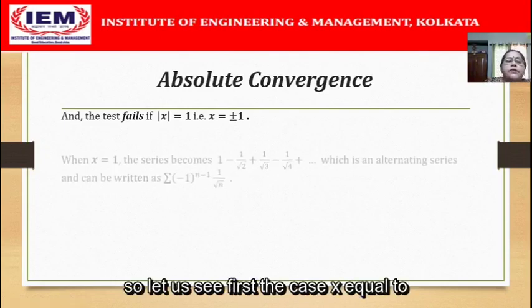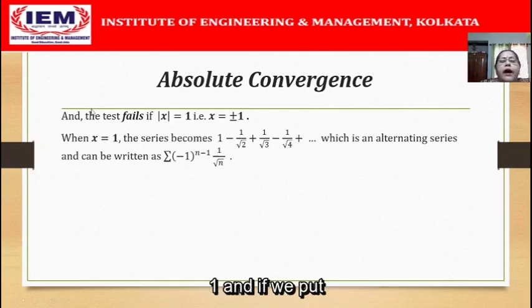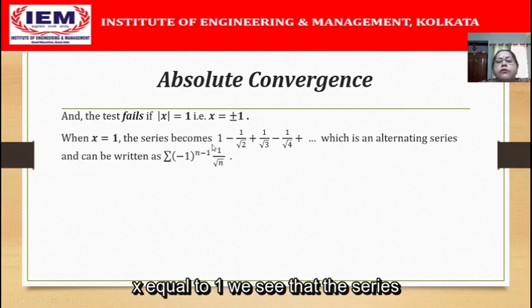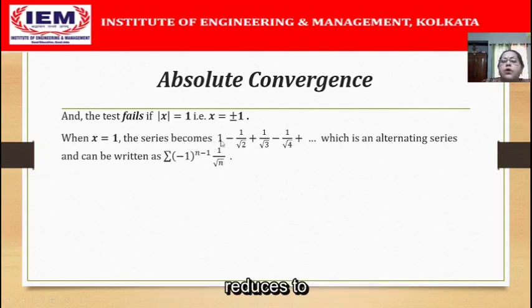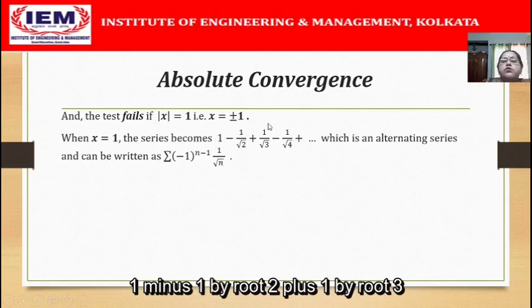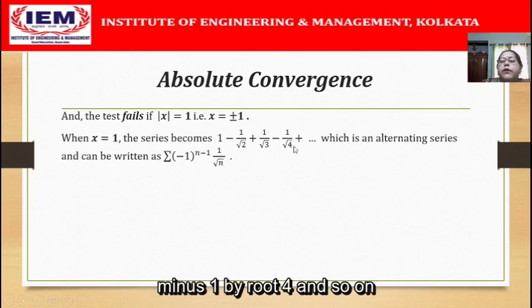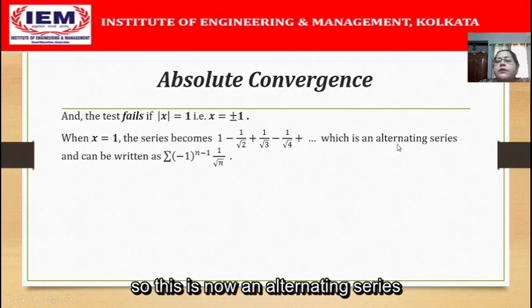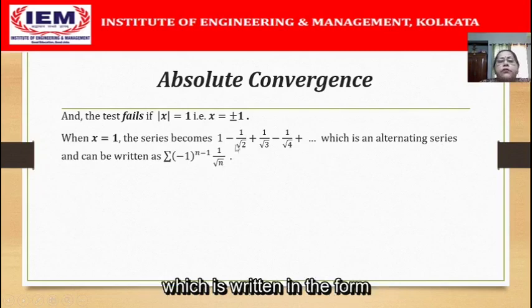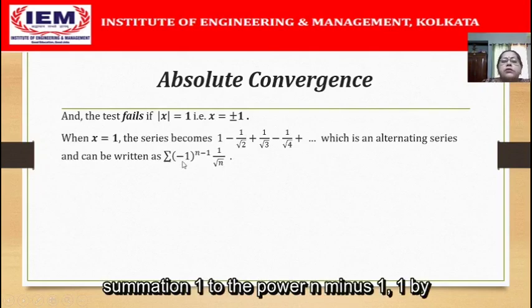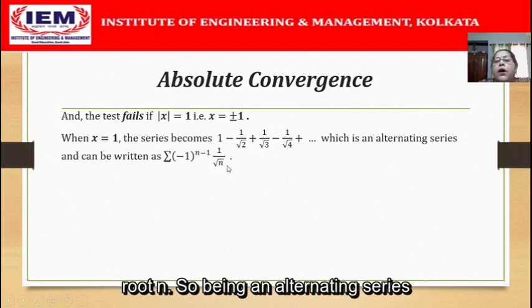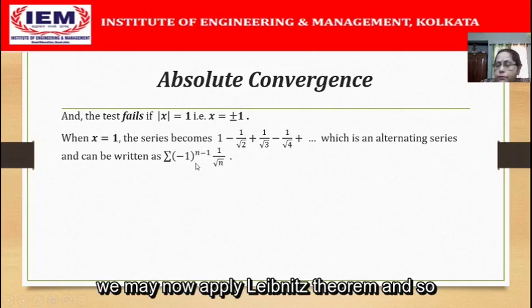So let us see first the case x equal to 1. If we put x equal to 1, we see that the series reduces to 1 minus 1 by root 2 plus 1 by root 3 minus 1 by root 4 and so on. So this is an alternating series which is written in the form summation (minus 1) to the power n minus 1, 1 by root n. Being an alternating series, we may now apply the Leibniz theorem.